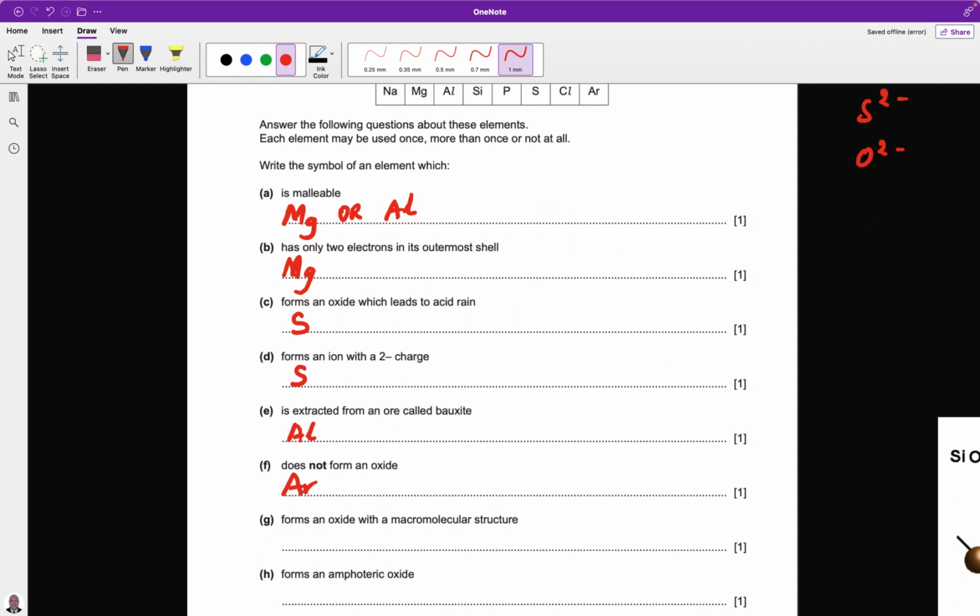These giant covalent structures are those that have macromolecular structures. An example of a giant molecular structure that we did discuss the other time was silicon dioxide.